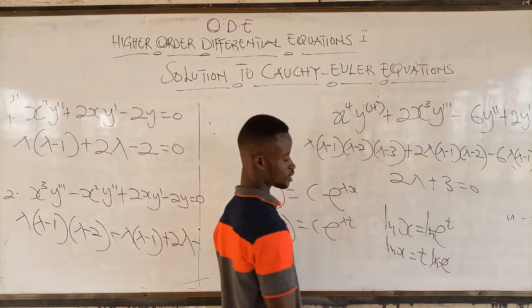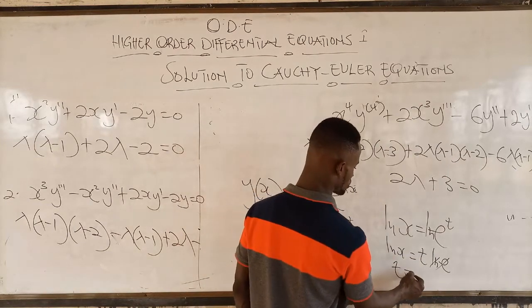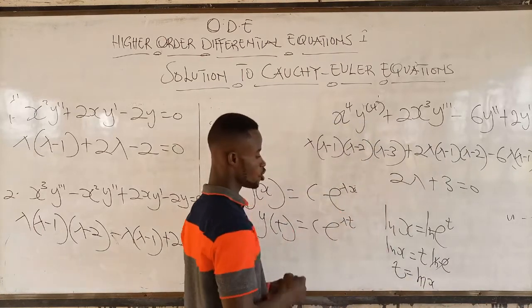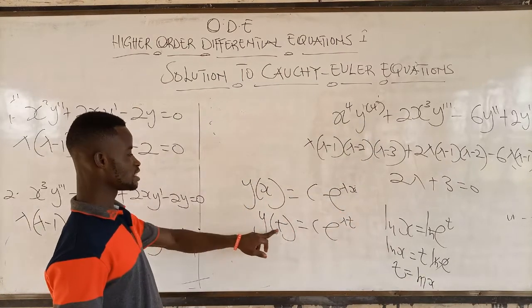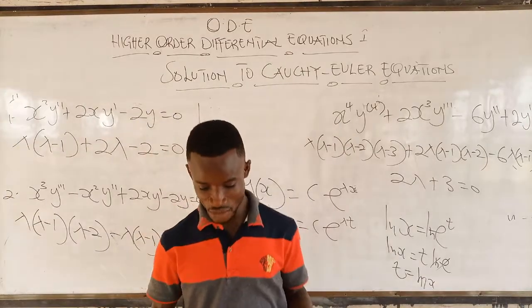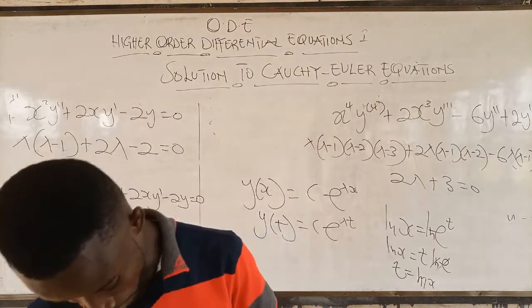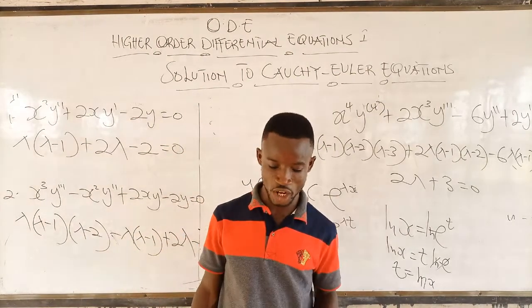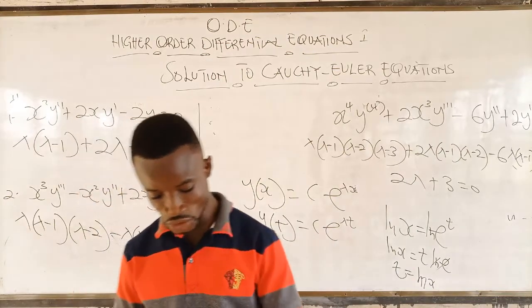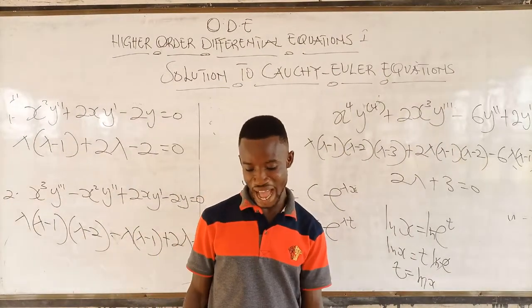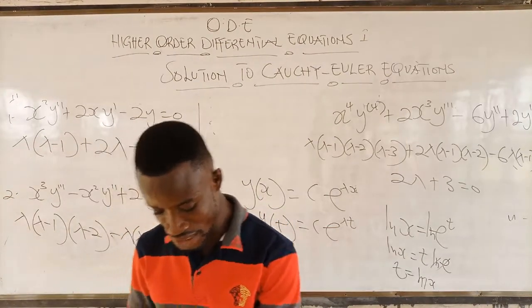This cancels this. So t will be equal to ln x. So wherever we see t, then we put ln x there. That is how we are going to do it. Note that since x is a function of t and y is a function of x, then y is also a function of t by transitivity.